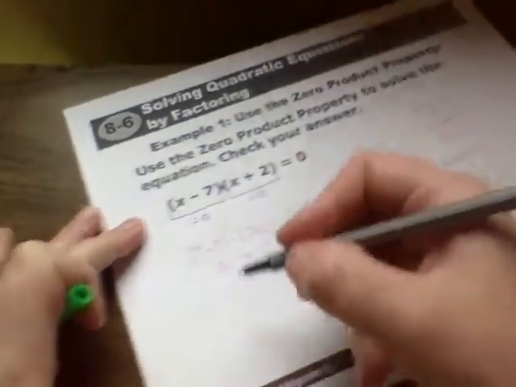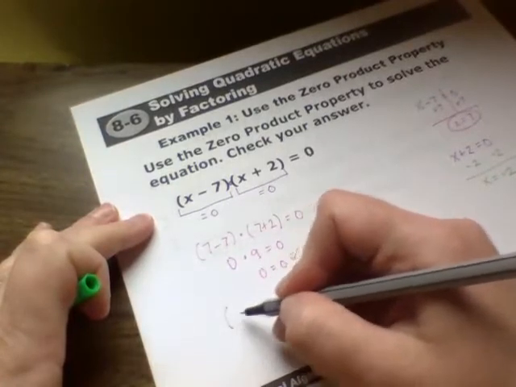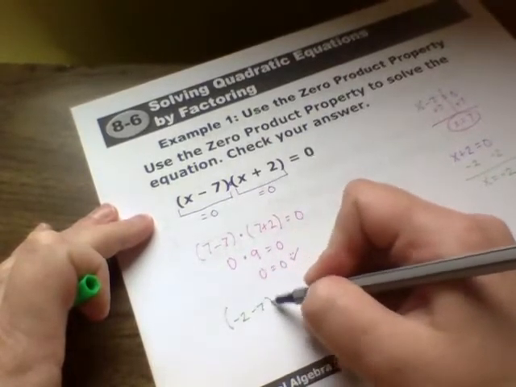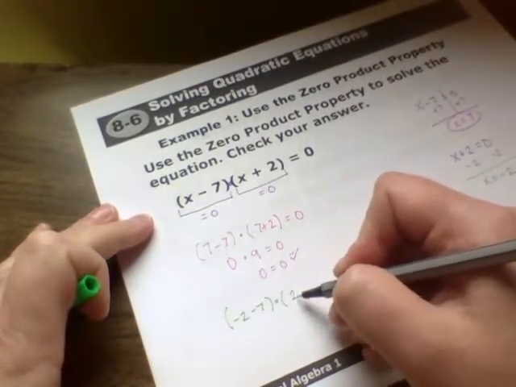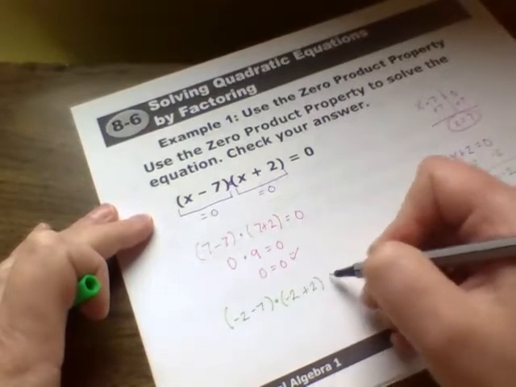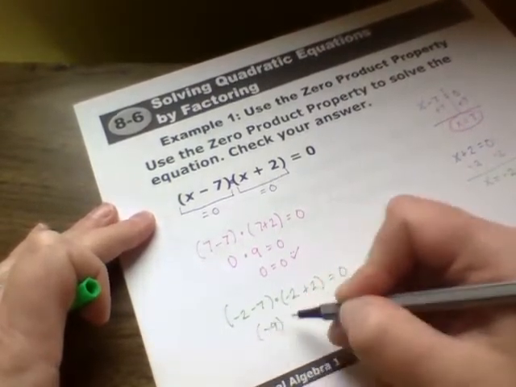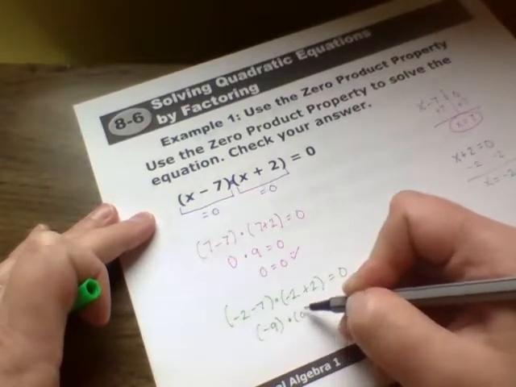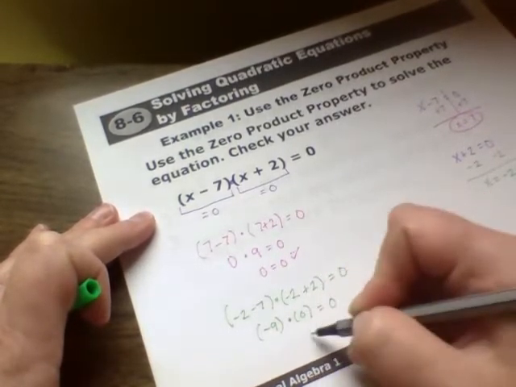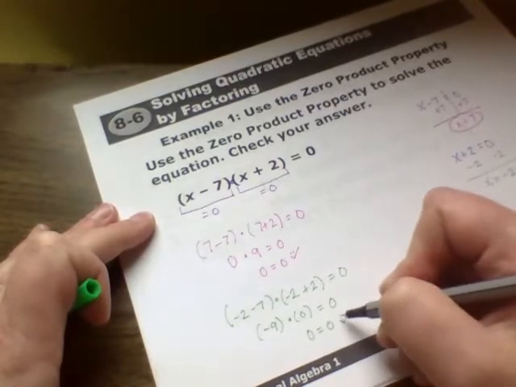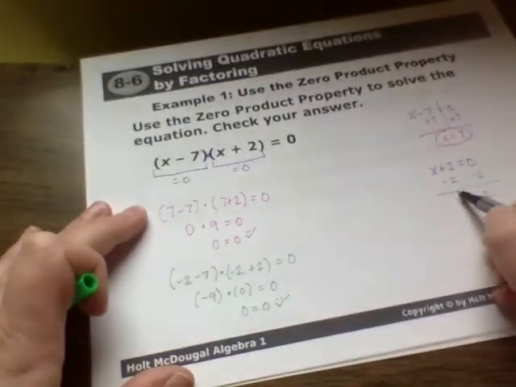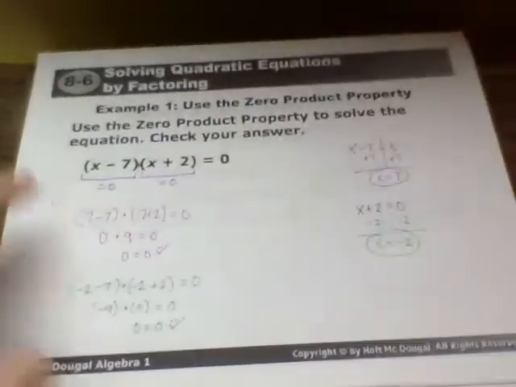Plugging that into this equation, we would get negative 2 minus 7 times negative 2 plus 2. Negative 2 minus 7 is negative 9. That's going to be multiplied by 0. And of course, anything times 0 is 0. And so it turns out that x equals negative 2 also works.